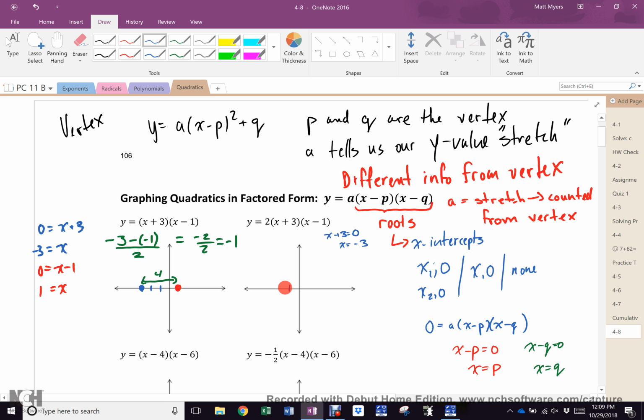Negative 3. And then on the red side, x would have to equal 1, yes? So it's the exact same one we just did. Visually, 1, 2, 3, 4, correct? What is half of 4? 2. 1, 2. So here is our vertex.